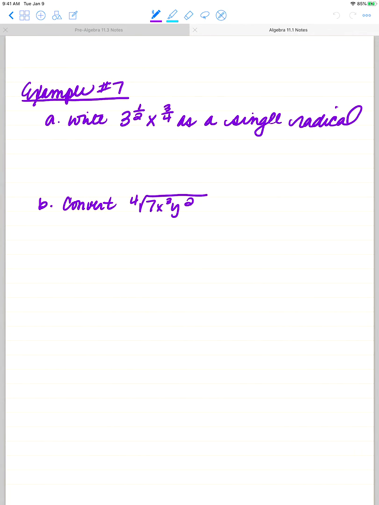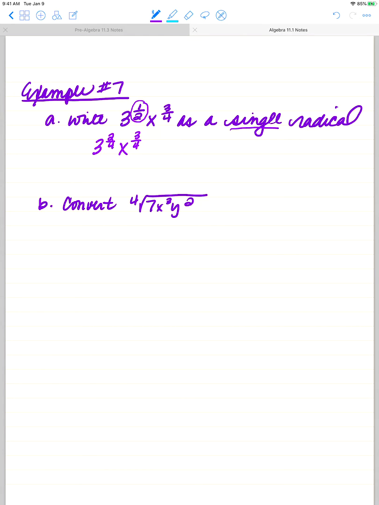Example number 7. Write 3 to the 1/2 times x to the 3 over 4 as a single radical, okay, as a single radical. So what we're going to do is convert 1/2 to a fraction over 4. So 3 to the 2/4 times x to the 3/4. Why did we do that?